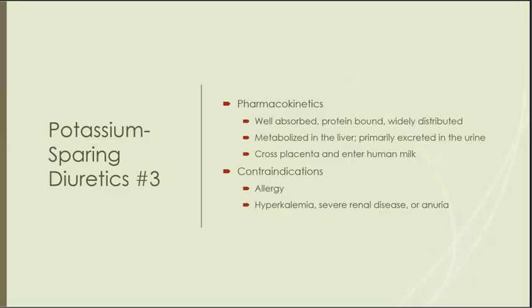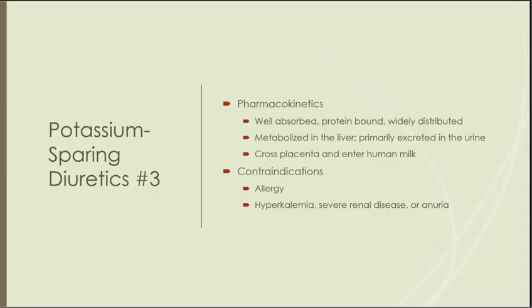Spironolactone is well absorbed throughout the body, is metabolized in the liver, and primarily excreted in the urine. It crosses the placenta and enters breast milk, so use caution in those patients. If the patient has hyperkalemia, we're not giving this medication.